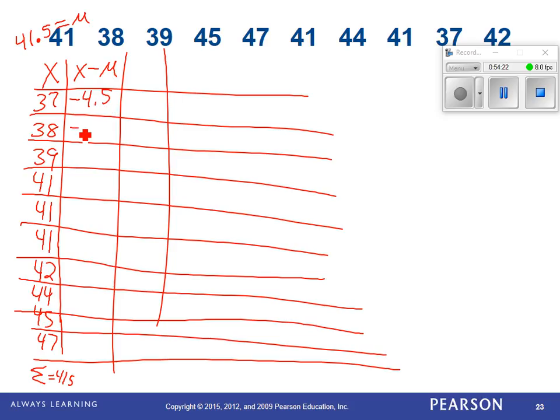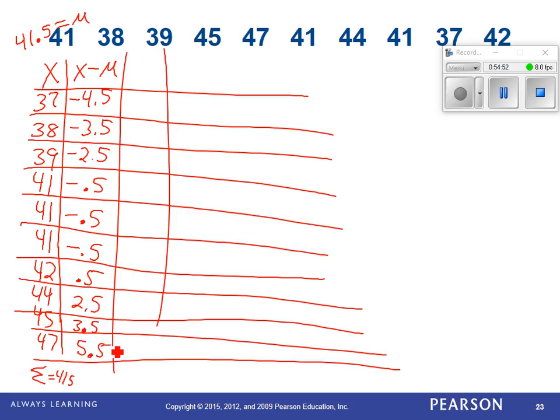This one's one more than that, so negative 3.5, negative 2.5, negative 0.5, negative 0.5, negative 0.5, 0.5. 44 minus that is 2.5. 45 minus that is 3.5. 47 minus that is 5.5.